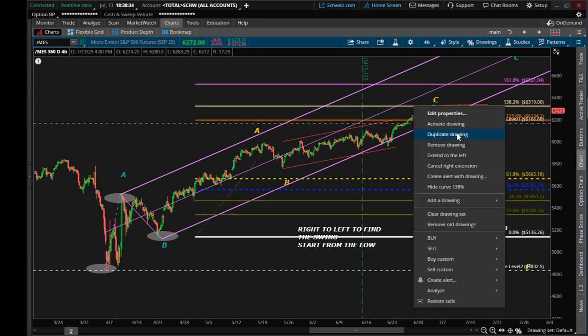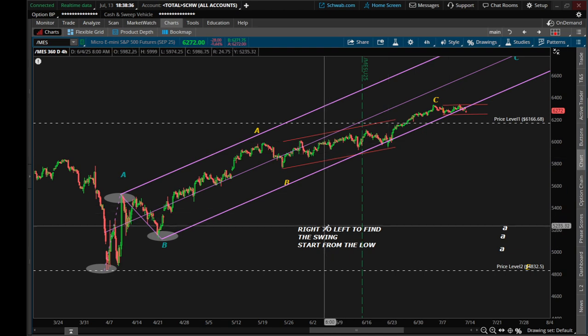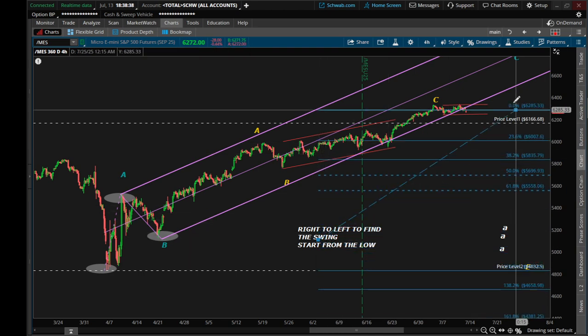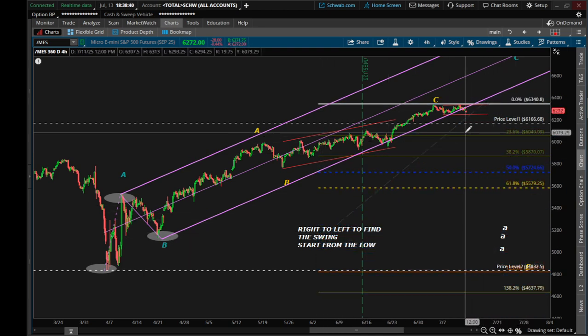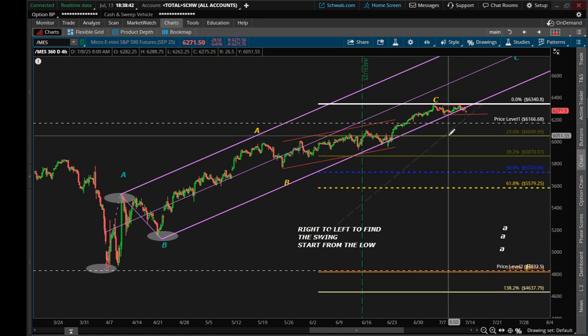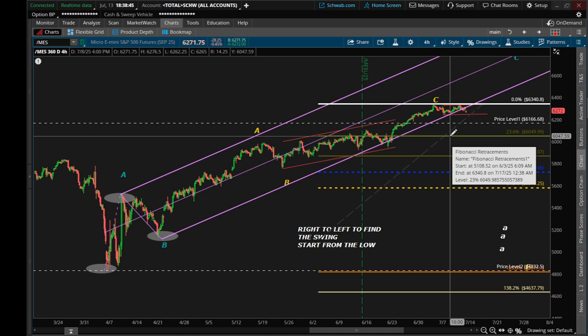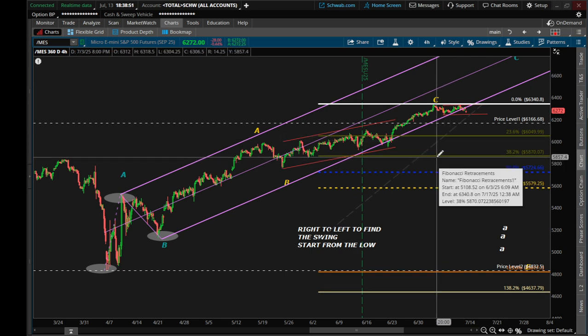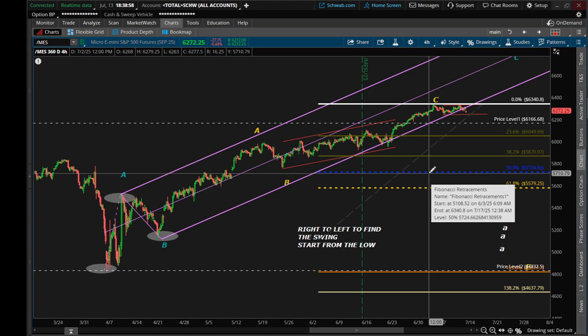So let me get rid of this. Let's find some targets for that correction. Our first one's the 23.6, right? So that one is at 60.49 or 60.50. The 38.2 is at 58.70. And the 50% is at 57.24.